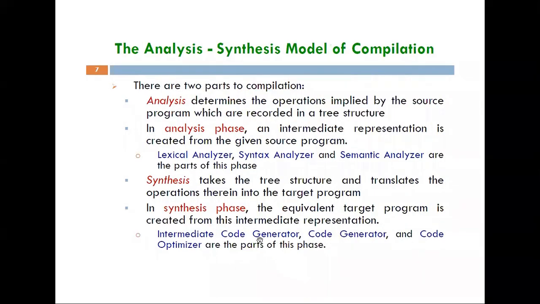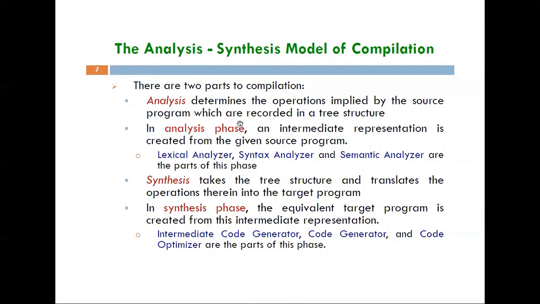Now in compiler design, we have one model, which is called the analysis synthesis model of compilation. This is nothing but the 6 phases grouped into 2 parts. The first part, the combination of the first 3 phases, is called the analysis phase. The latter part, with the last 3 phases, is called the synthesis phase.